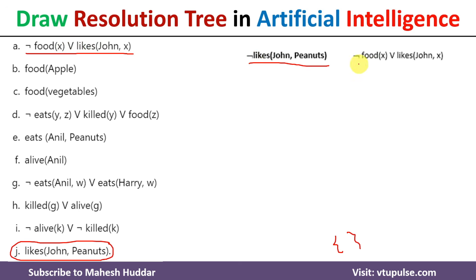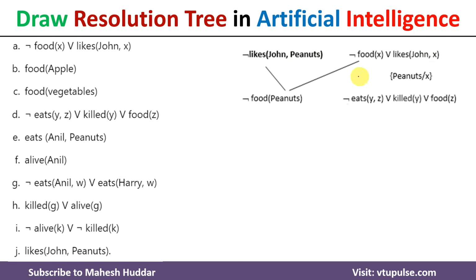That is what I have written in this case. Now, here it's peanuts, here it is X. So X should be replaced with peanuts first of all. Then it will become negation of John likes peanuts, and John likes peanuts here, so both of them will get cancelled. We will be left with negation of food peanuts here, because X is replaced with peanuts in this case.